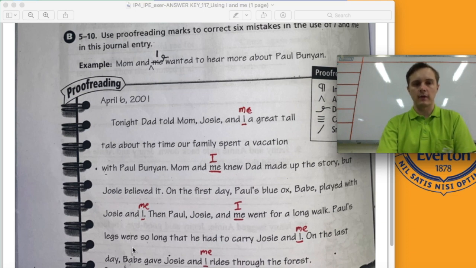Paul's legs were so long that he had to carry Josie and me. We use the object pronoun me after carry. On the last day, Babe gave Josie and me rides through the forest. Again, object pronoun me after the verb gave. So give yourselves a score out of 6 for section B and a total out of 10, please.